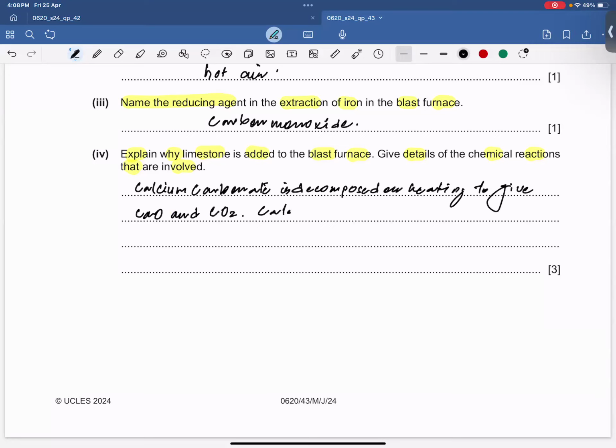Now, calcium oxide reacts with silicon dioxide to give molten slag.